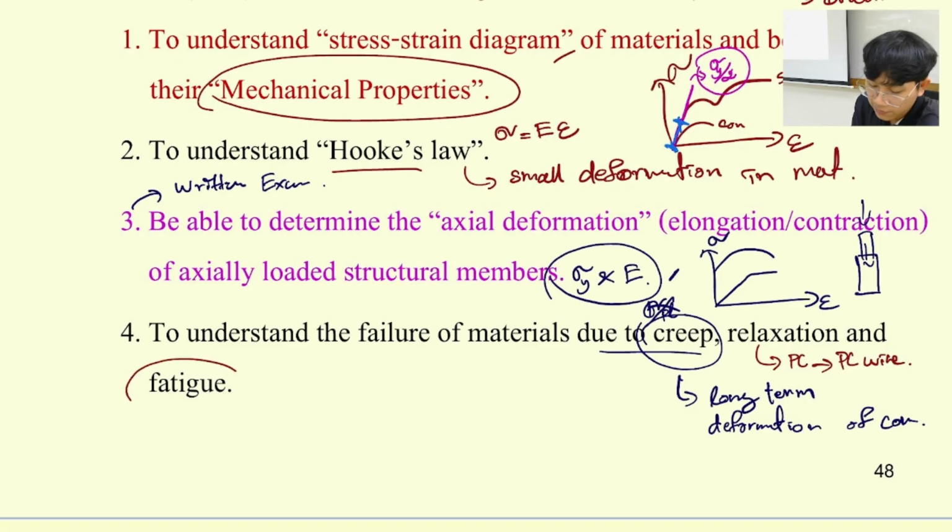And lastly, there is going to be fatigue. Last time, I explained a lot about fatigue, which means basically we're not going to apply the full capacity to the material, but we're going to apply some load to the material, then release it back and count it as a cycle, stress and its cycle, S-N. Okay, so we're going to see it later, almost at the end of the class.